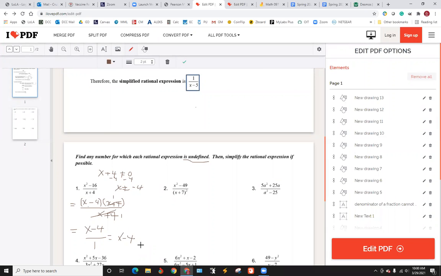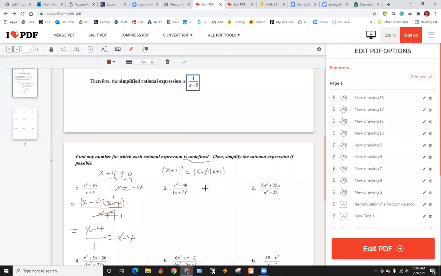All right. So look at that next one. First of all, this is x plus 7. I don't know why I'm still thinking about x plus 4. Okay, this is just x plus 7 times x plus 7 down there. So they're both the same.